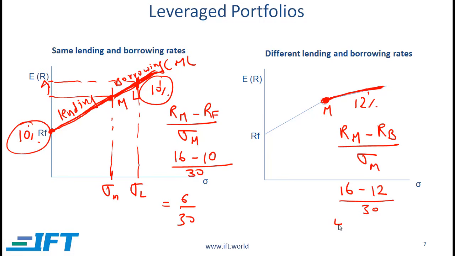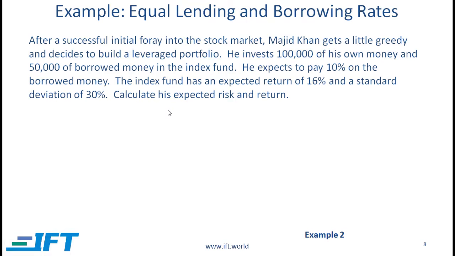So here the slope is 4 over 30, which is less than 6 over 30. Intuitively, this makes sense because we have a higher rate and the extra return we get per unit of risk is less compared to the extra return per unit of risk with this portfolio.